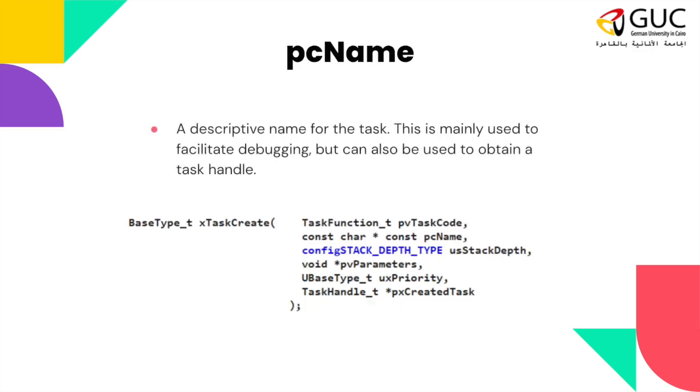Okay, the second parameter is the PC name, a descriptive name for the task. This is mainly used to facilitate debugging, but can also be used to obtain a task handle. So mainly, if the first parameter was the actual name of the function or method implemented in the code, the second parameter is just a human name given by the programmer for this task, and it could be anything.